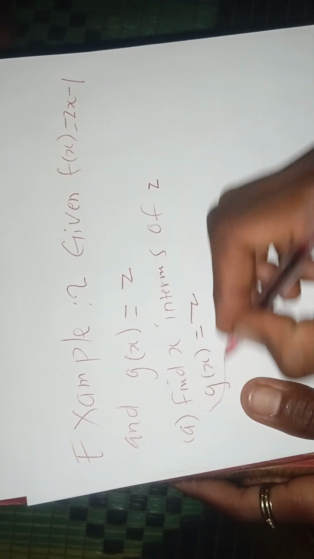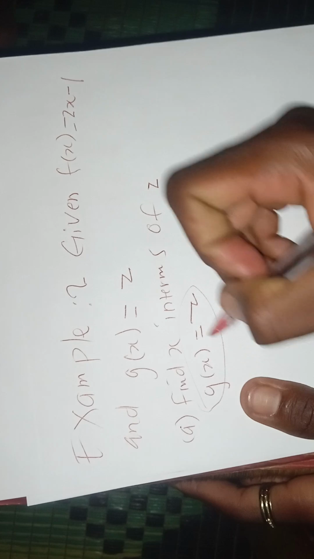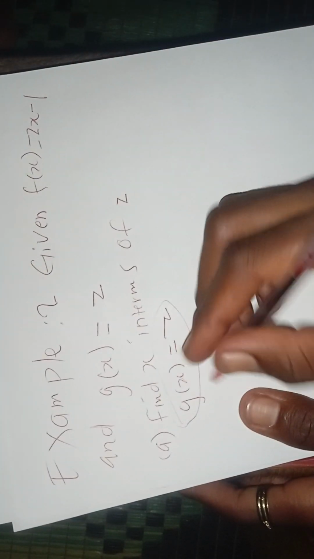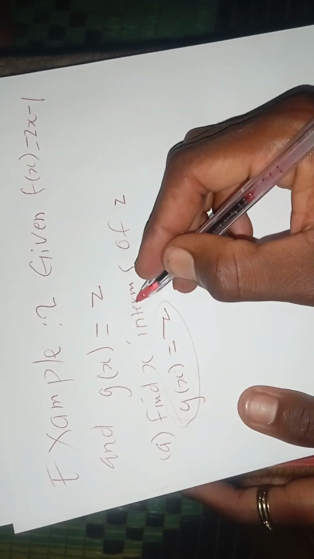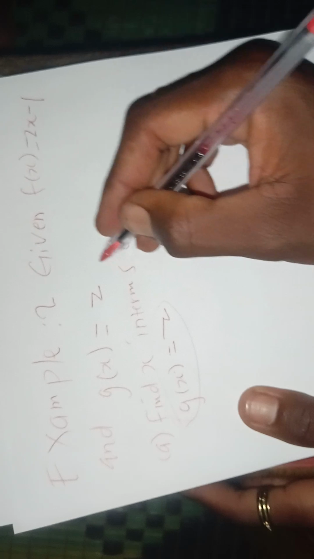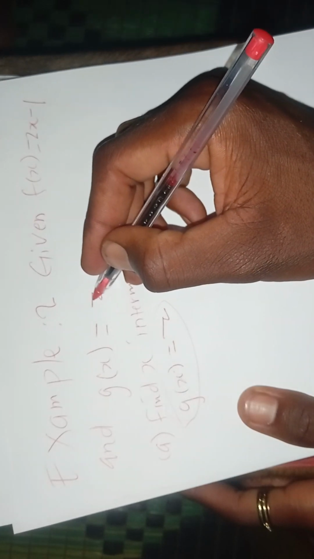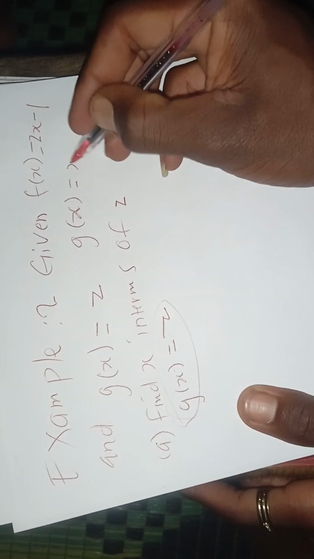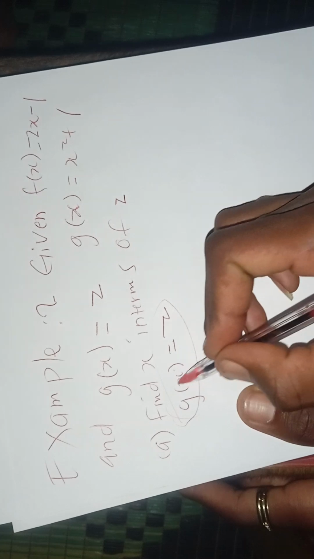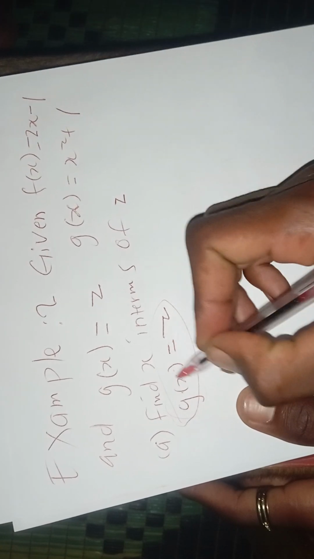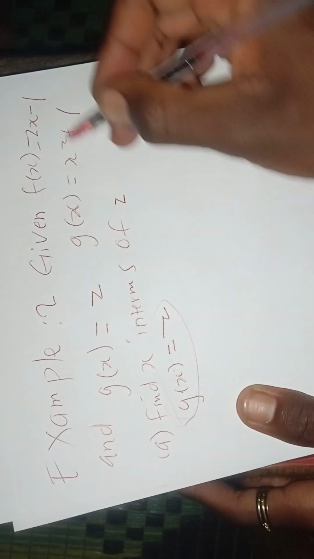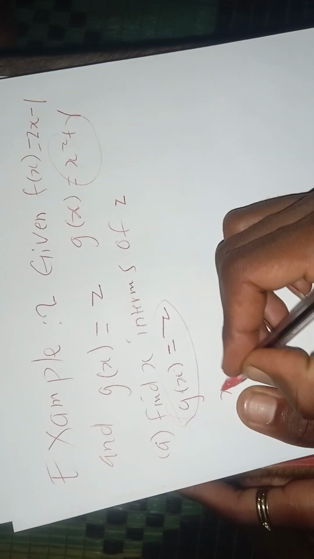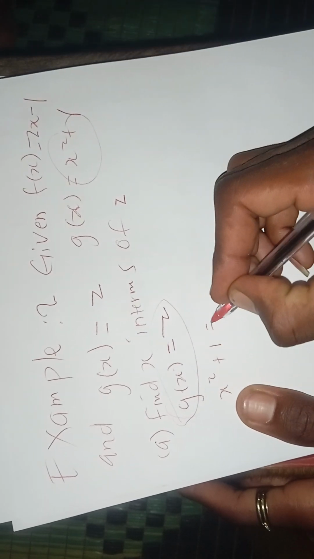This is the function given to us, and then they want us to express x in terms of z. So the function g of x is given, which is g of x is equal to x squared plus 1. So this means g of x is equal to z. We substitute on the value of g of x its function, which will be x squared plus 1 is equal to z.